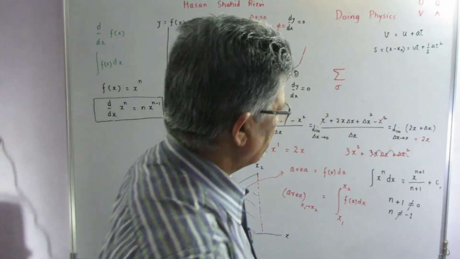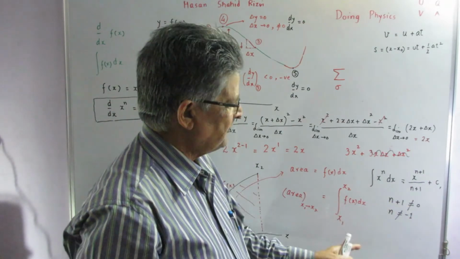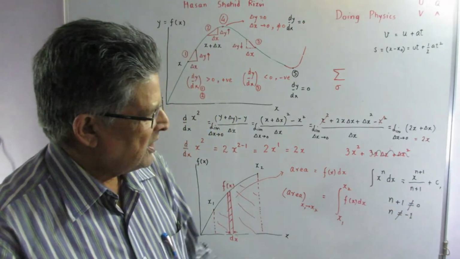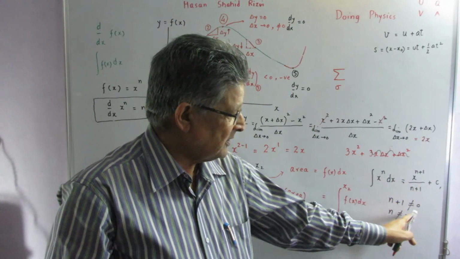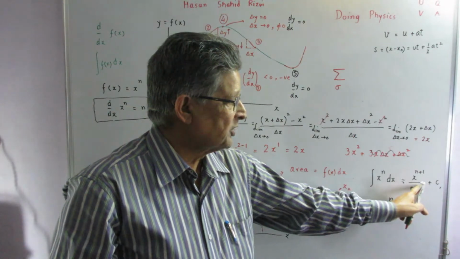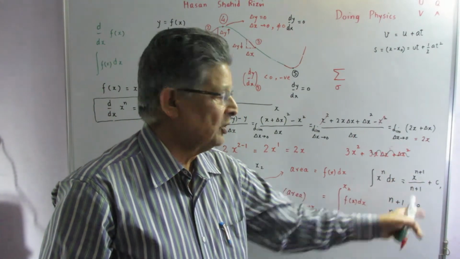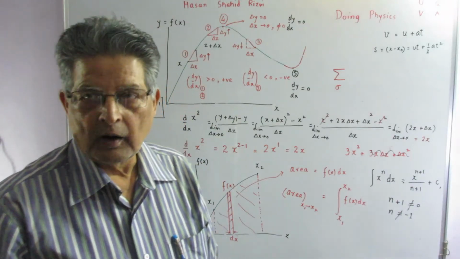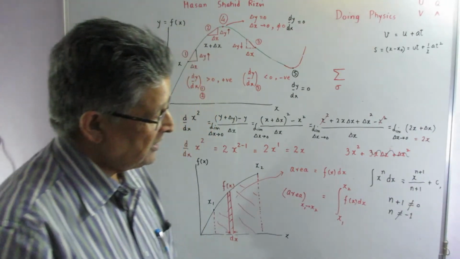So the integration for x to the power of minus 1 has to be derived by other means. Why? Because if n is equal to minus 1, then this becomes 0, and a finite thing divided by 0 becomes infinite, and we are talking about finite integration.